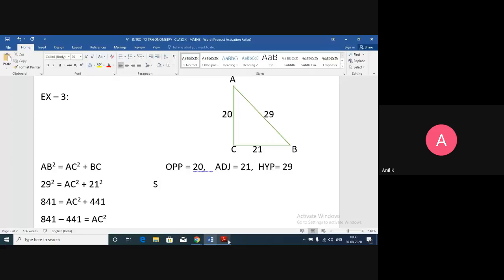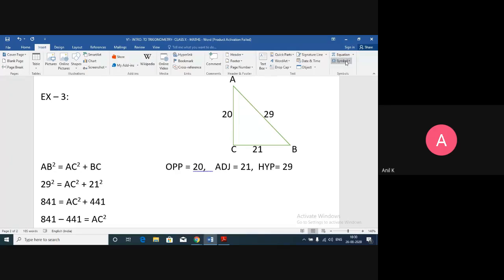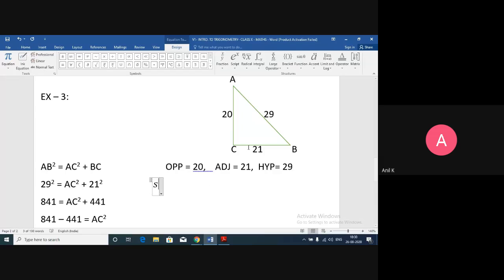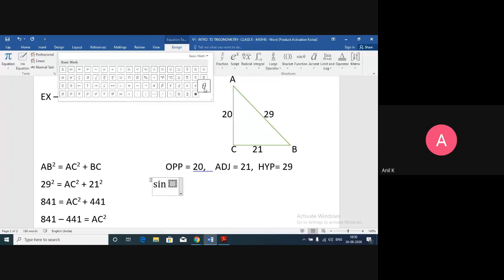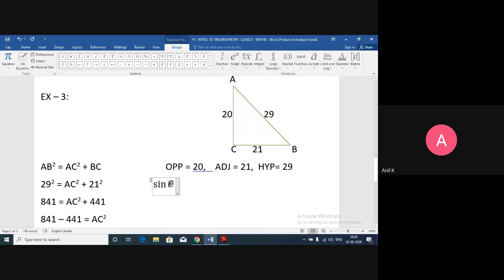I have to insert the equation because I need the theta symbol. Sine theta. Theta is at B, so it is nothing but sine B. Sine B equals opposite 20 upon hypotenuse 29.